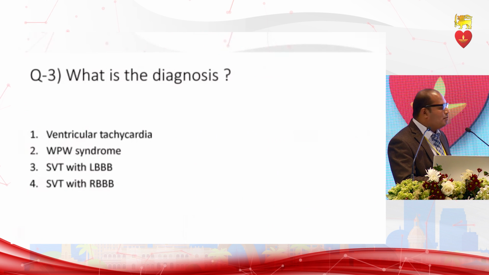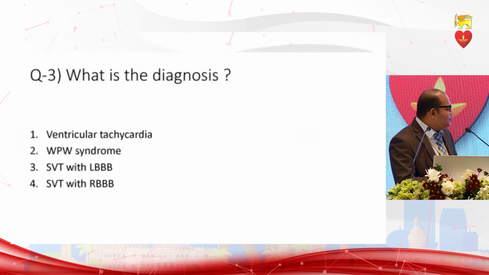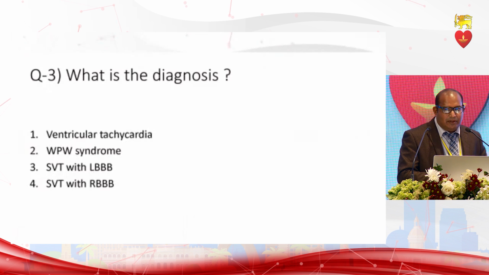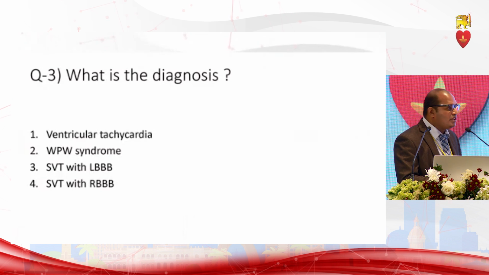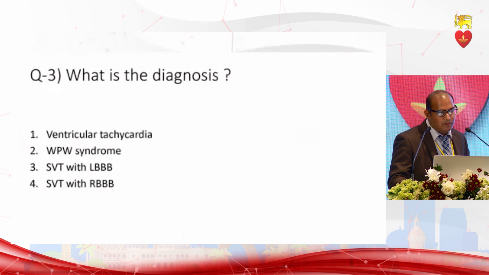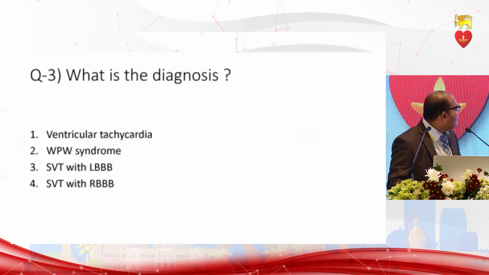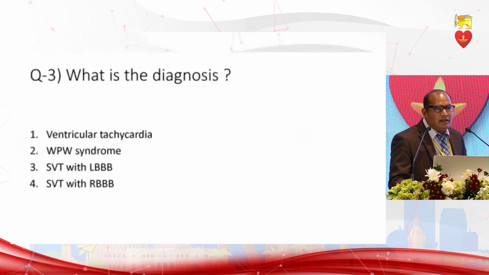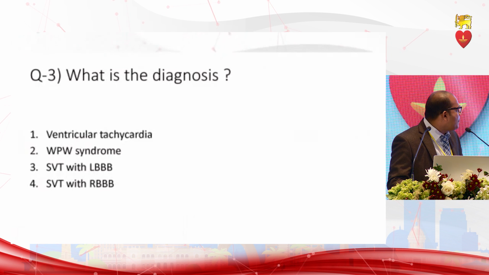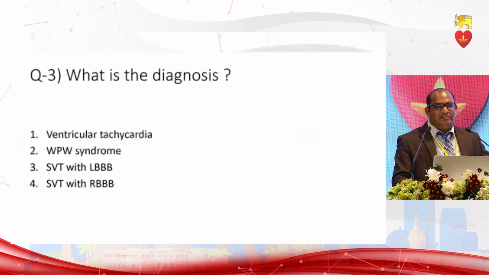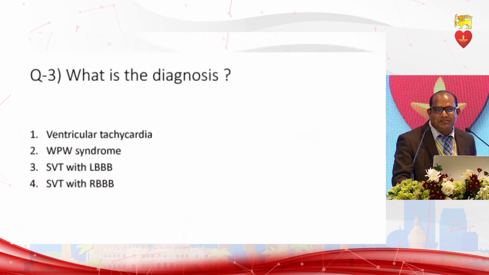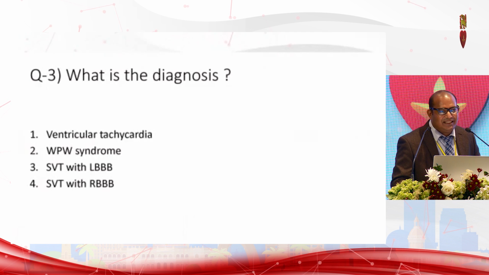Ventricular tachycardia, WPW syndrome, supraventricular tachycardia with left bundle branch block pattern, or a supraventricular tachycardia with right bundle branch block. It's open to answering. While we are waiting for the online answers, the physical audience can actively participate.